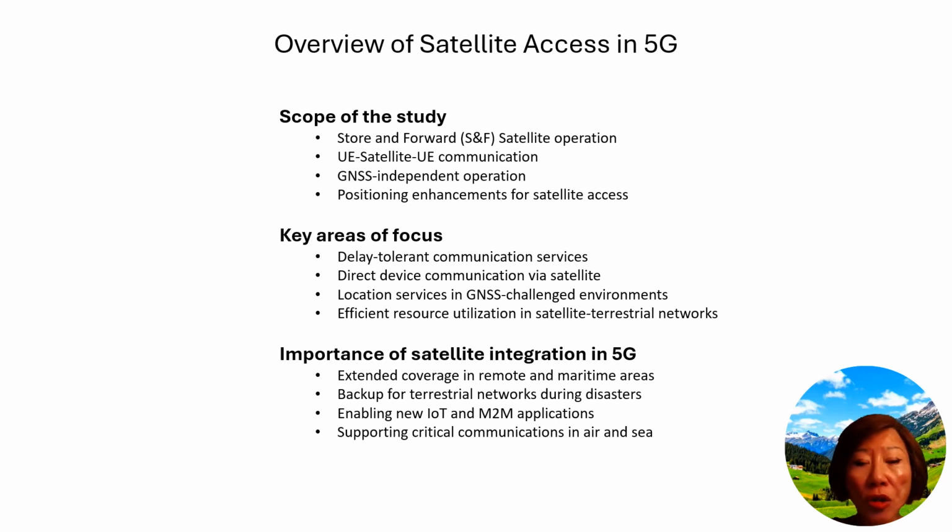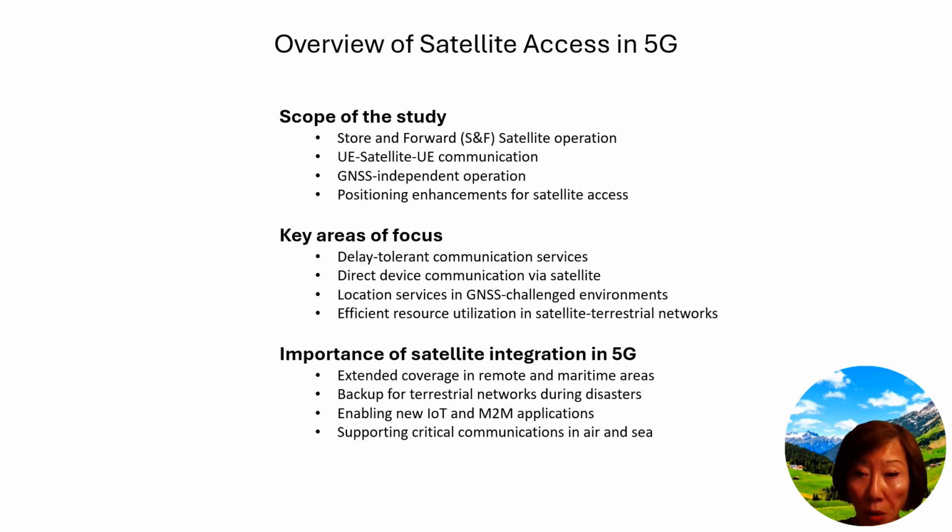This integration also provides a robust backup for terrestrial networks during natural disasters or other emergencies. Furthermore, satellite integration enables new IoT and M2M applications. M2M is machine-to-machine applications that require global coverage, such as asset tracking across oceans or environmental monitoring in remote areas.